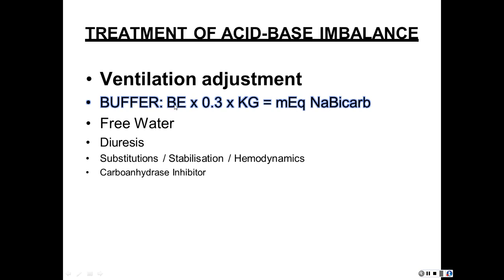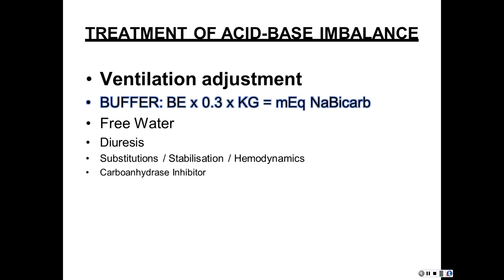So if you look at the base excess on the ABG, or if you just take the difference between the normal bicarb amount, which is 24, and whatever it is, so if your bicarb is 17 on your blood gas, then you need basically 7 milliequivalents per liter, and you multiply that times the 30% times their kilogram weight to give you how much bicarb you should actually give.